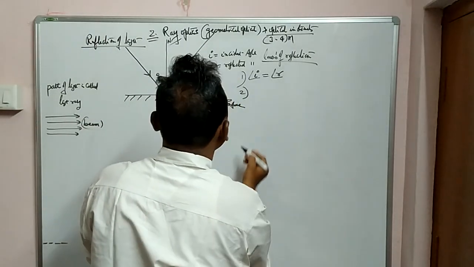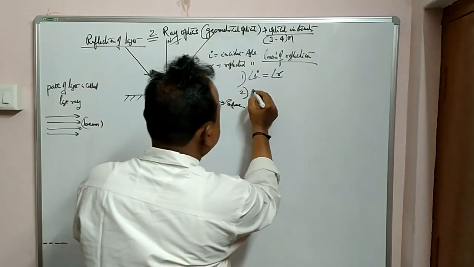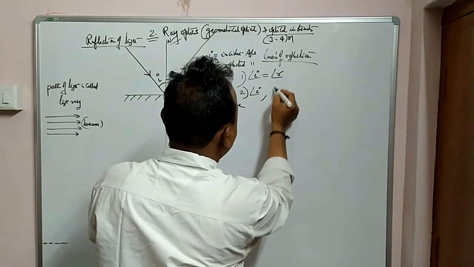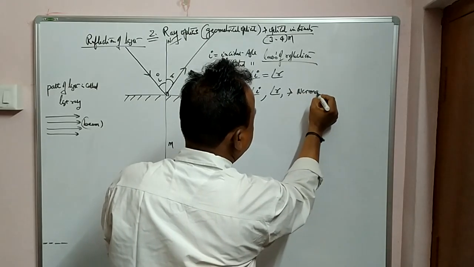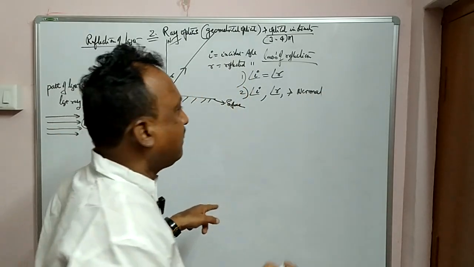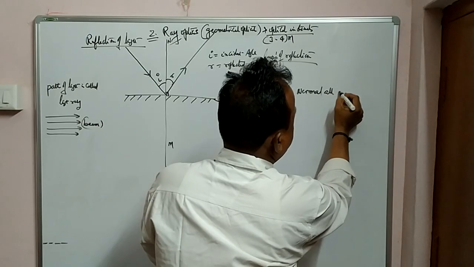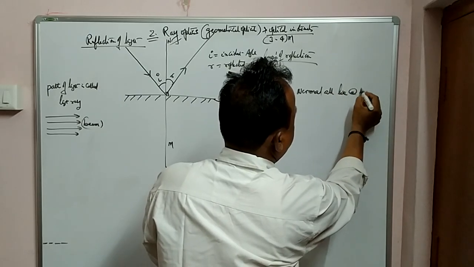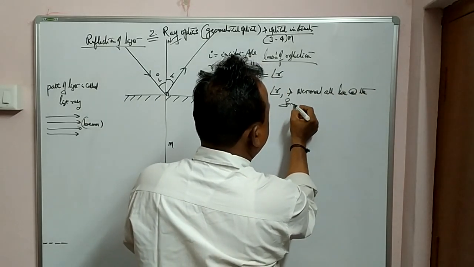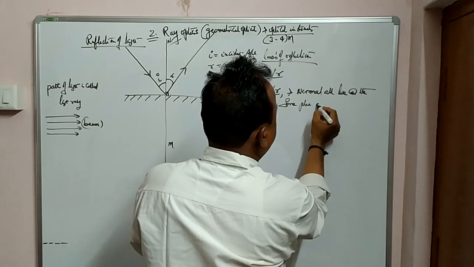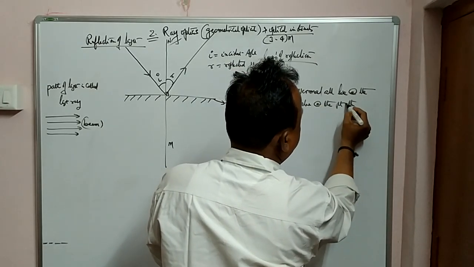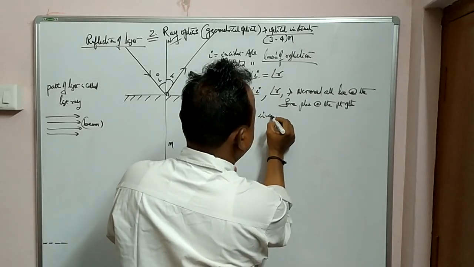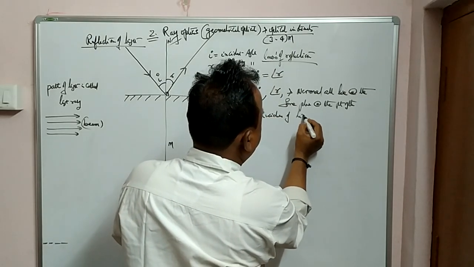The second important law: the incident ray, reflected ray and normal all lie in the same plane at the point of incidence of light.